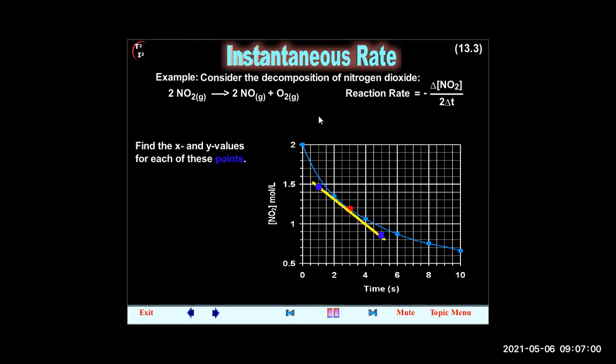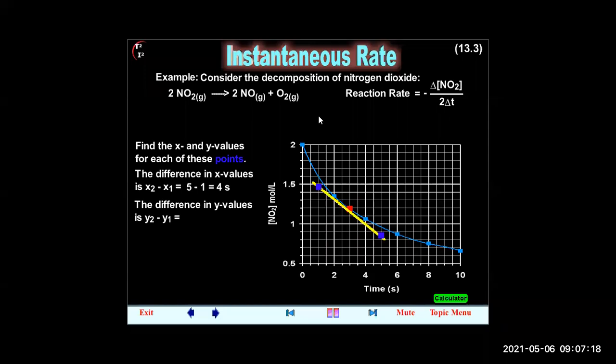Find the x and y values for each of these points. The difference in x values is x2 minus x1 equals 5 minus 1 equals 4 seconds. The difference in y values is y2 minus y1 equals 0.85 minus 1.46 equals negative 0.61 moles per liter.